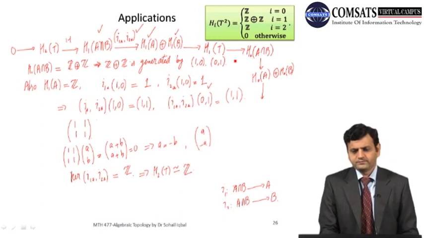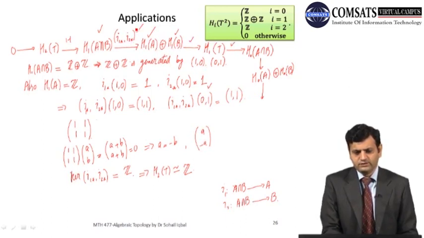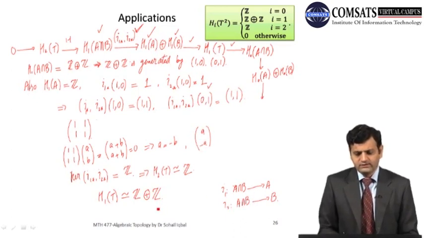Now we want to calculate this thing, and we just need to concentrate on these maps, and we also need to understand the contribution of this map. H1 of T is isomorphic to Z plus Z, so it can also be calculated using this sequence, but I am leaving this as an exercise for you.